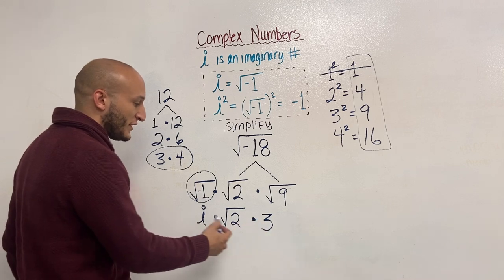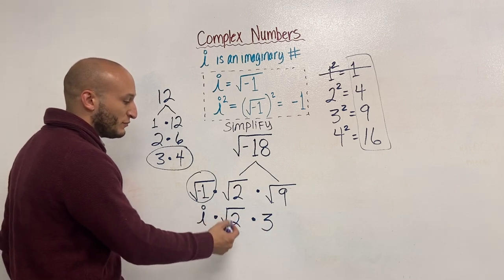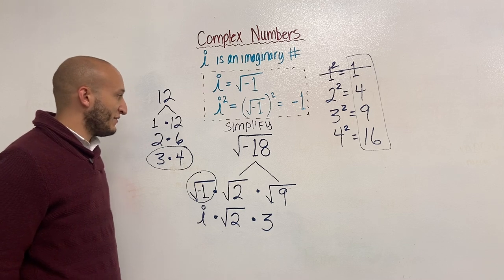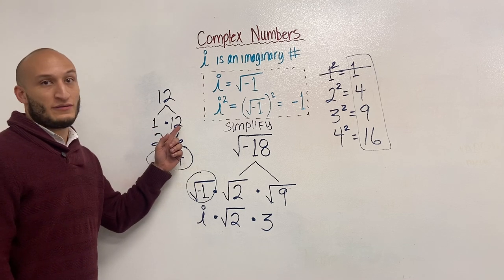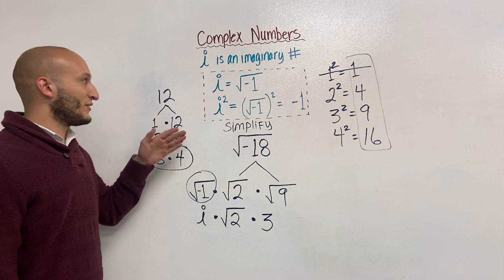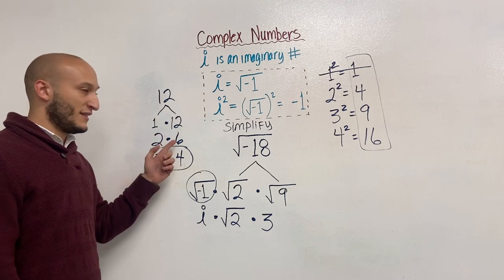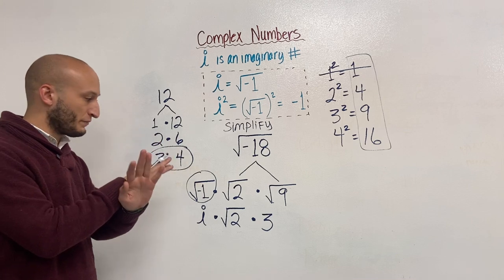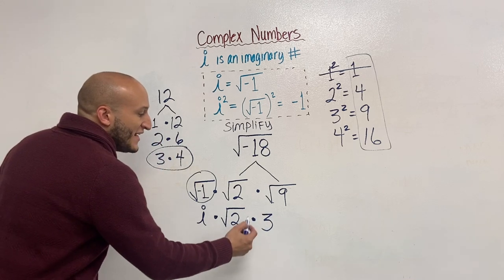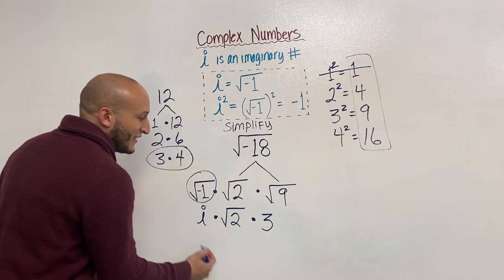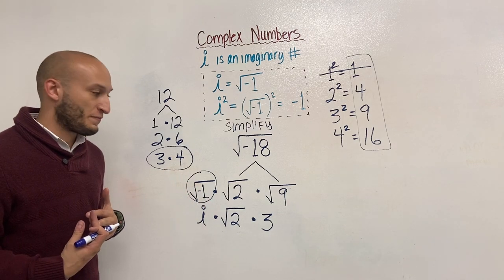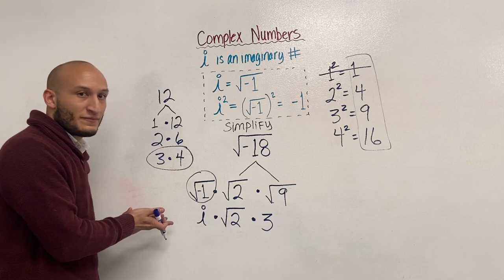But the proper way to write this, remember, this is multiplication. So multiplication properties state that I can have 1 times 12 or 12 times 1. I still get 12. I can have 2 times 6 or 6 times 2. I still get 12. So I can move them around. Any number like i and 3 that no longer have a square root are placed in front.